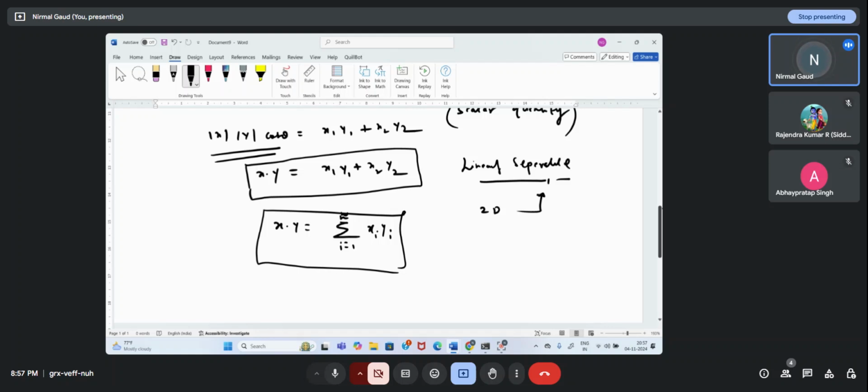That's what we mean by linearly separable. And we do have a hyperplane which performs this thing. So a line is a hyperplane only here.